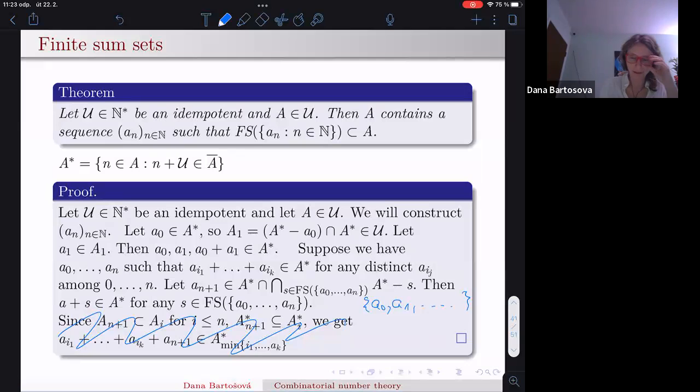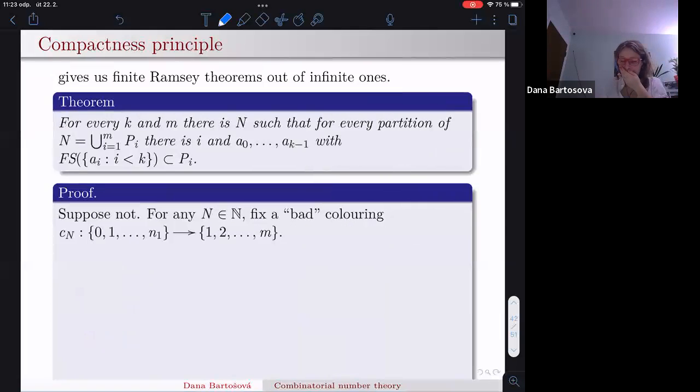Okay, so this is a very nice theorem. It has some generalizations. I will talk about one of them. But also, we can prove finite versions of Ramsey theorems out of infinite ones. Of course, finite people like to prove finite theorems directly, right, without going to the infinite ones.